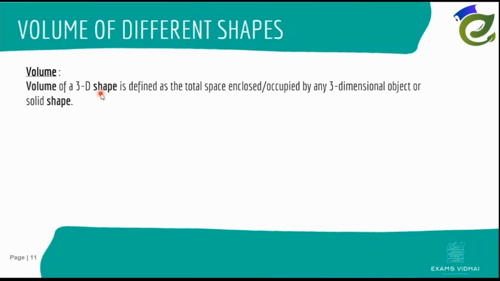The volume of a 3D shape is the total space enclosed by the body or occupied by any three-dimensional object or solid shape, like a sphere, cone, cube, cuboid, or any other 3D object which you see in your everyday life. It could be a book, a mouse, your table, a bucket, etc.